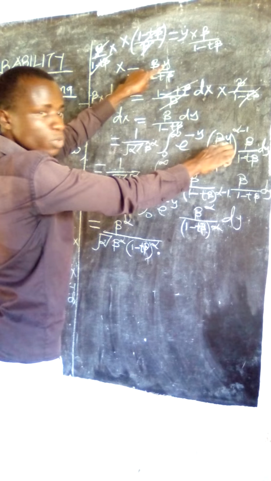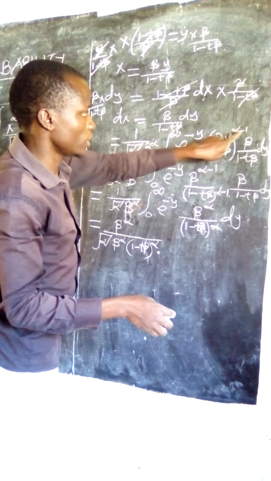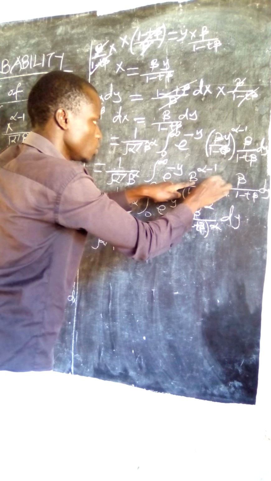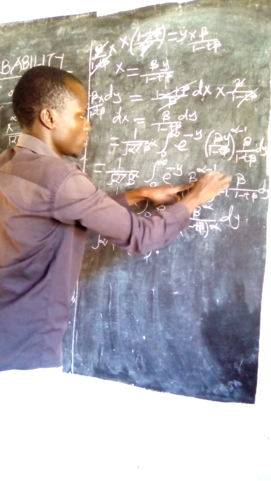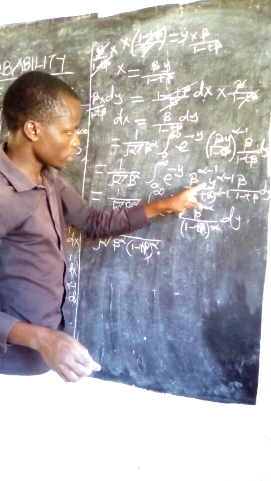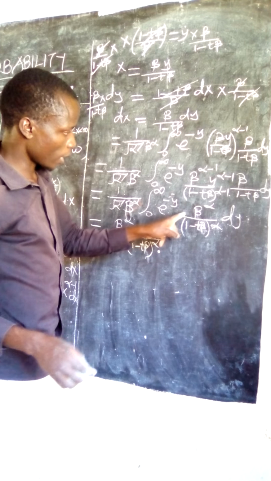So please substitute it here, so that the same y will be affected by the power as we've done here. So I'll do the same: y raised to alpha minus 1. Then, since y raised to alpha minus 1 is here, it will also appear here.